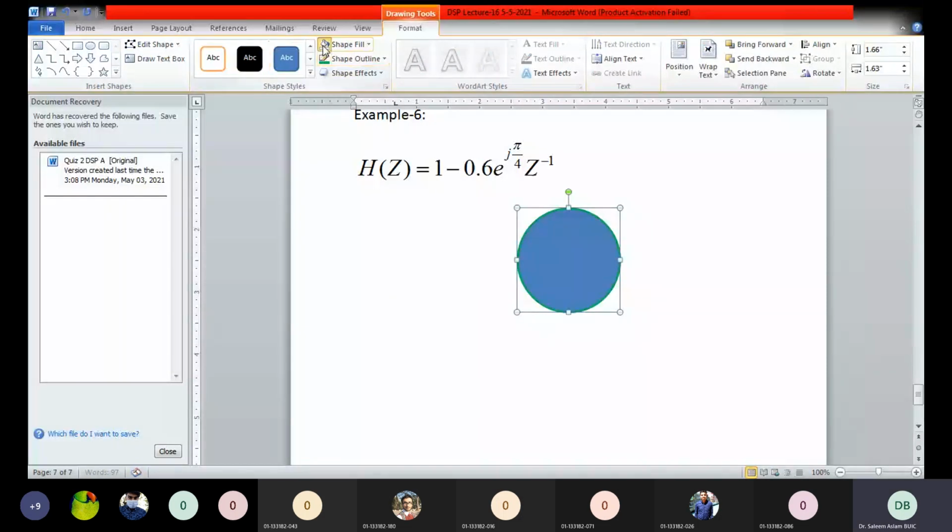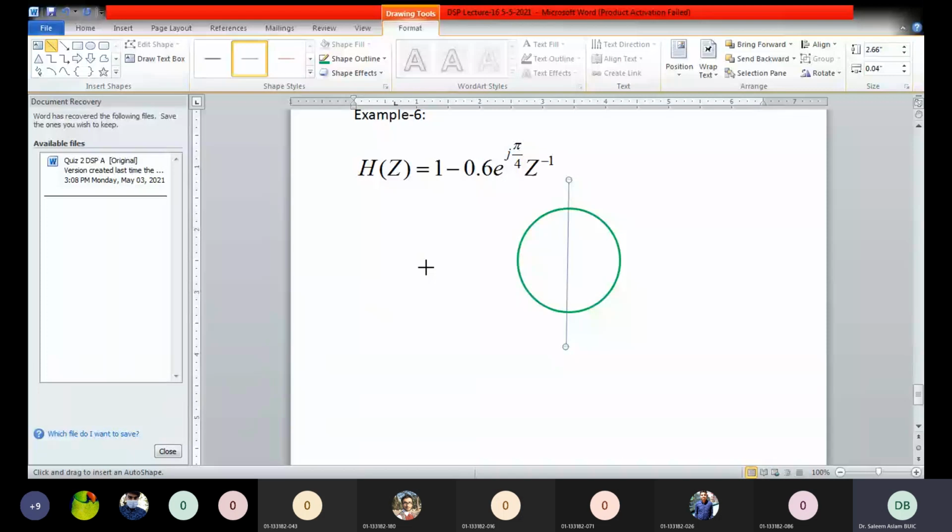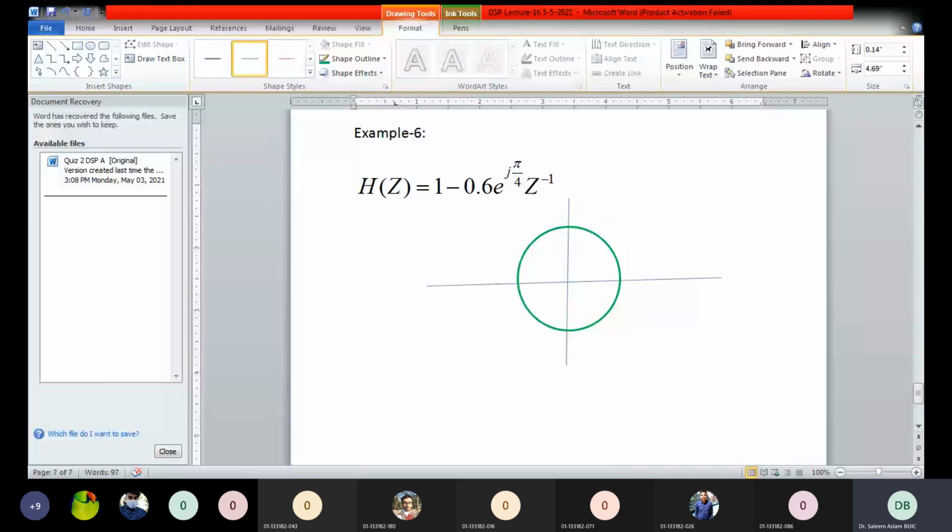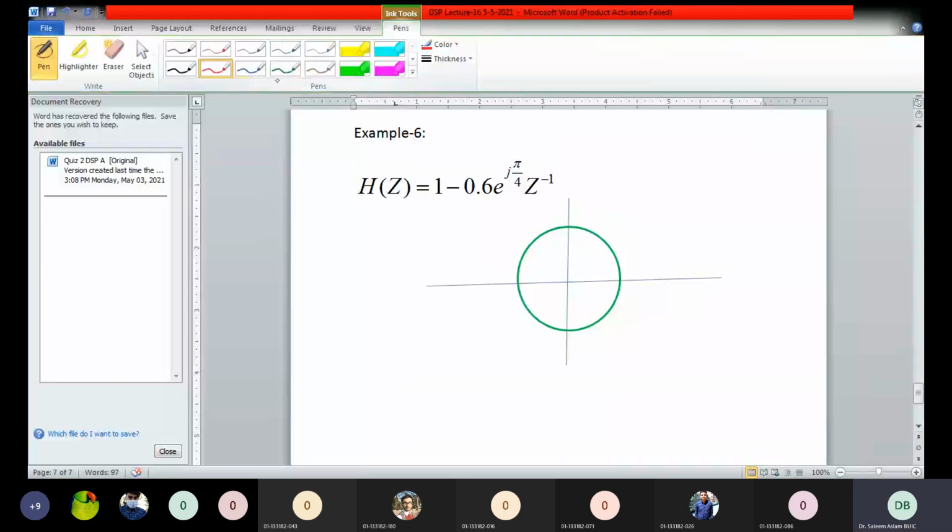This one, a straight line, this one, and this one. The zero is not on the real axis, but its location is on the complex plane. Now we have both angle and magnitude.